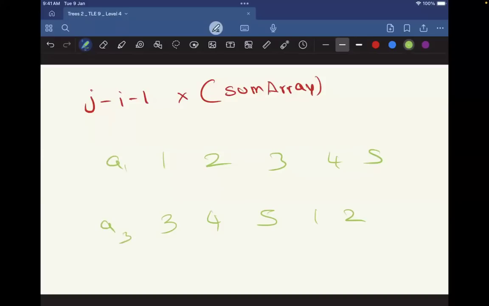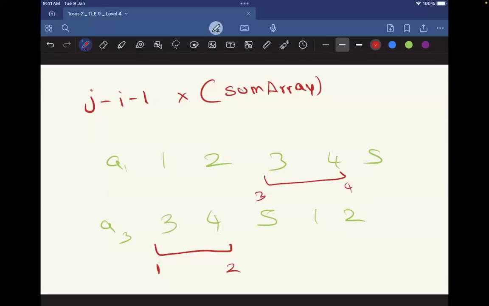Yes or no? Tell me, guys. Okay. Now, if in A3, I want to find sum between 1 to 2, what is it equivalent of finding sum in? It is finding 3 to 4. Yes or no, guys? Tell me.